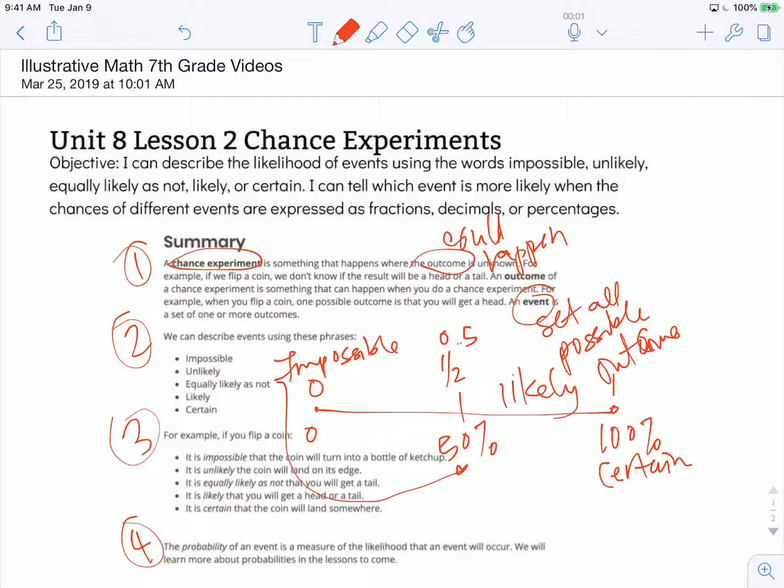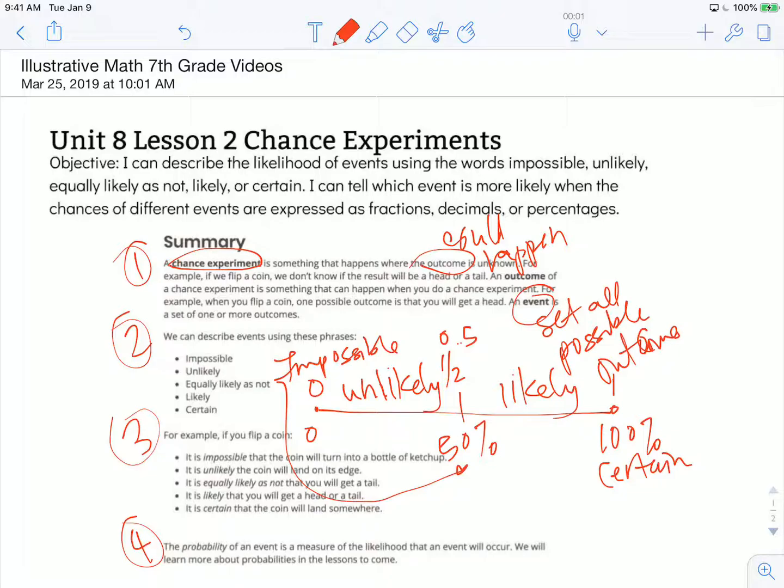So numbers that are in between 1/2 and 1, or 5/10 and 1, or 50% and 100% are more likely to occur than not occur. So we call that likely. And if something's more unlikely to occur, that would be smaller values closer to 0, like 1/4 or 25/100 or 25%.